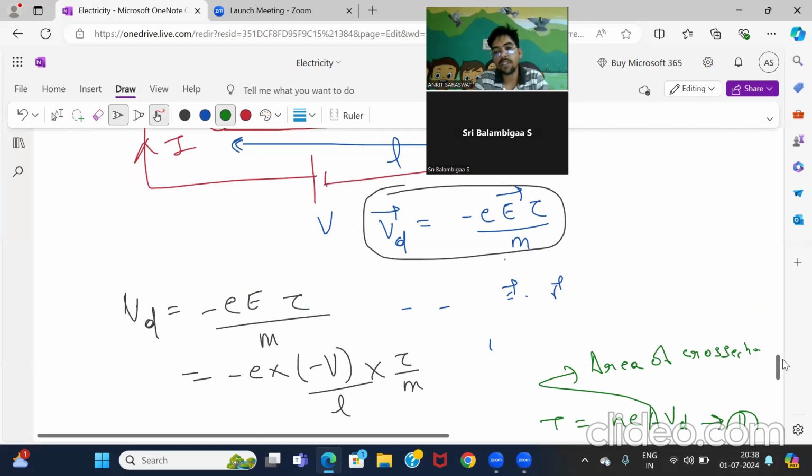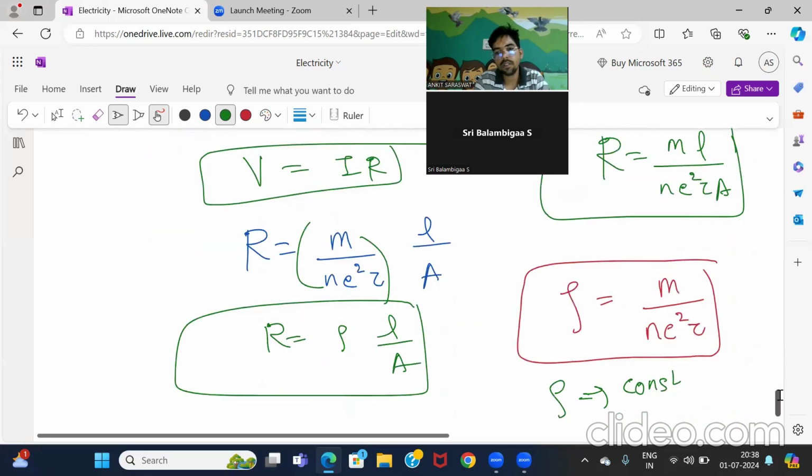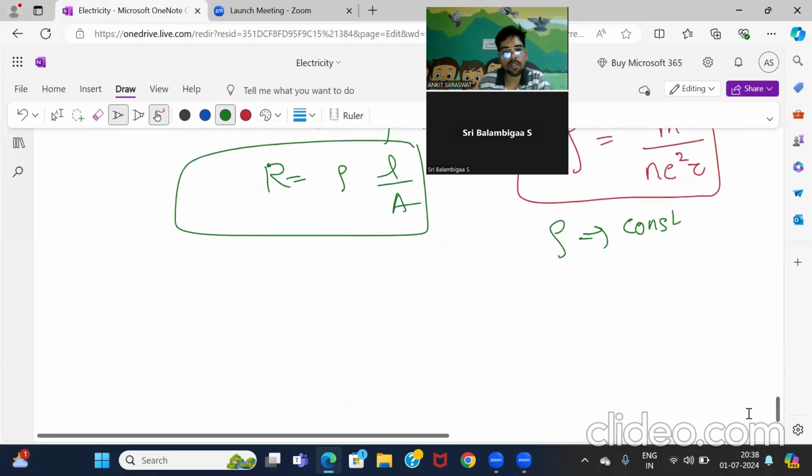Yes. Resistivity means this rho. Have you seen this formula of rho? Yes, sir. m by n e square tau. What is this rho? This rho is resistivity.